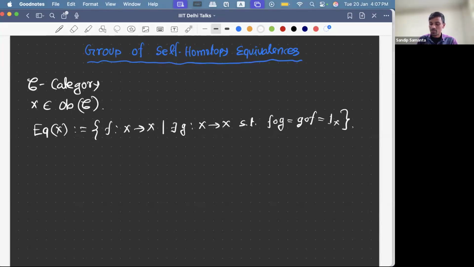The identity map is always there in the morphism set. If the composition of those two is equal to identity, then we consider the collection of all those morphisms in the category, and we denote that by EQ of X.